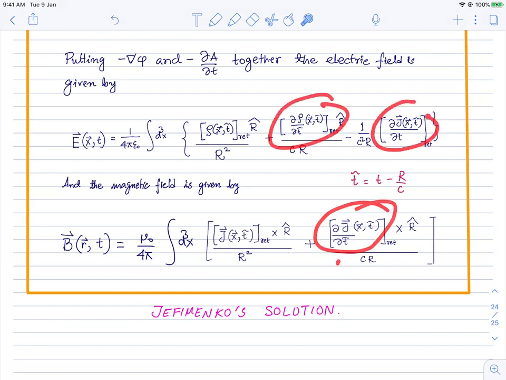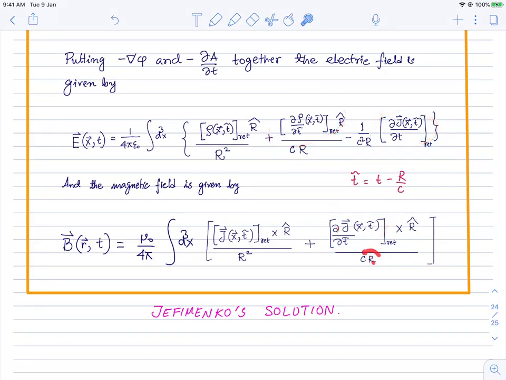These terms which depend on time derivatives can fall off at a slower rate, as 1 over r, compared to 1 over r squared for the case of, let's say, a single current carrying conductor or a single point charge. That has a fall off which is 1 over r squared. There can be terms which fall off even more slowly than that, and therefore this influence would reach farther and farther distances.